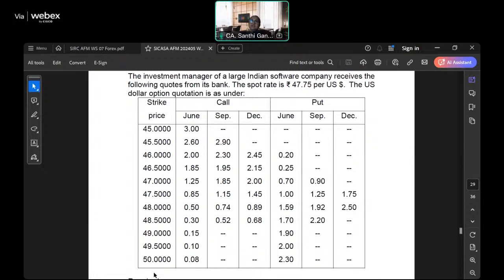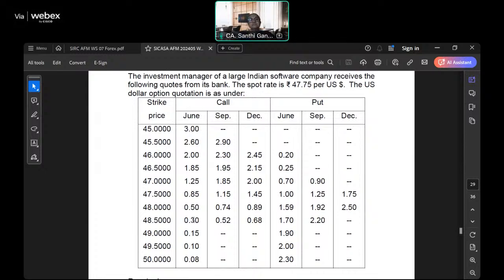For a future, you will have only one price. But for an option, you will have any number of options. And the premium for each of these will change. Yesterday, we discussed regarding option premium, how it is made up of intrinsic value, time value, and all that. So, for the strike price, what is the premium?